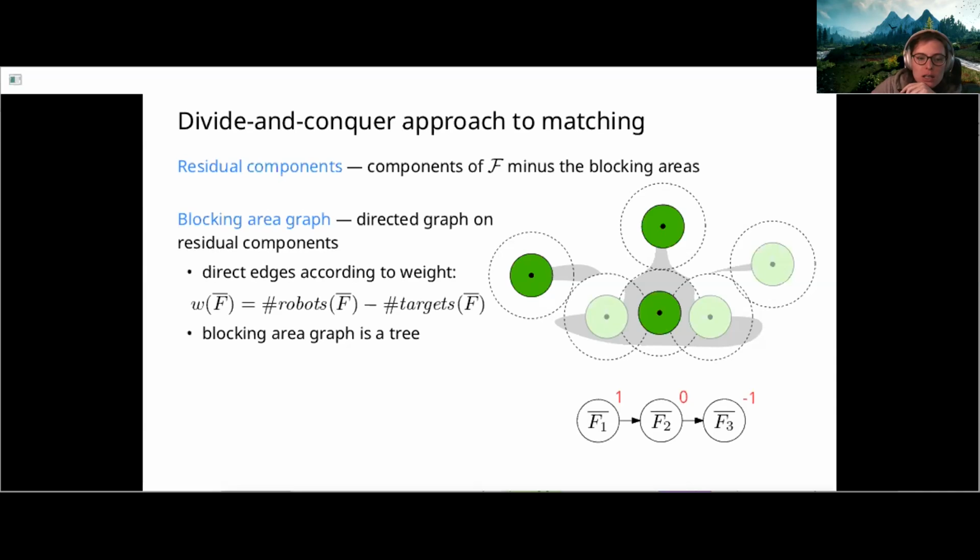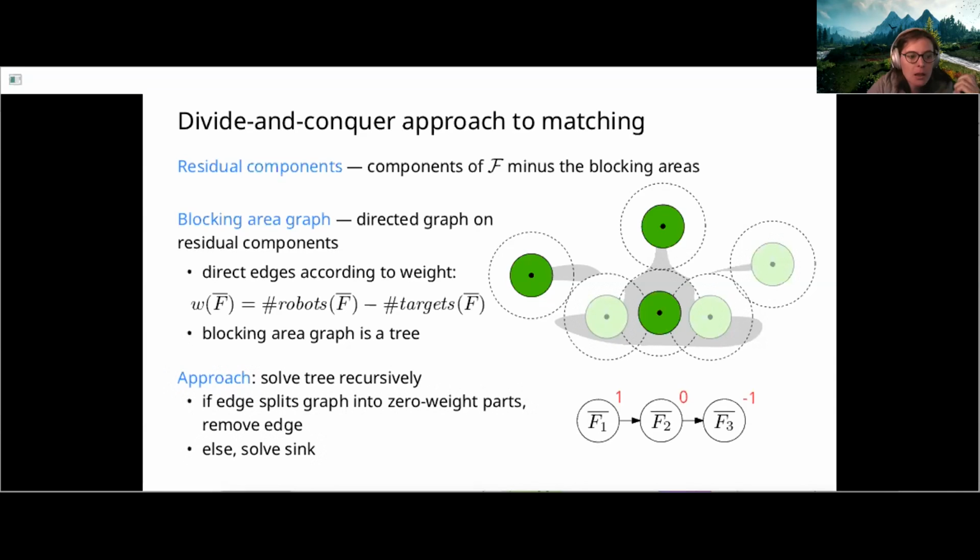And we're going to process this in the order according to where the edges are pointing. So what we can show is the blocking area graph is connected and is a tree. And now the approach here is to solve each of these components recursively.